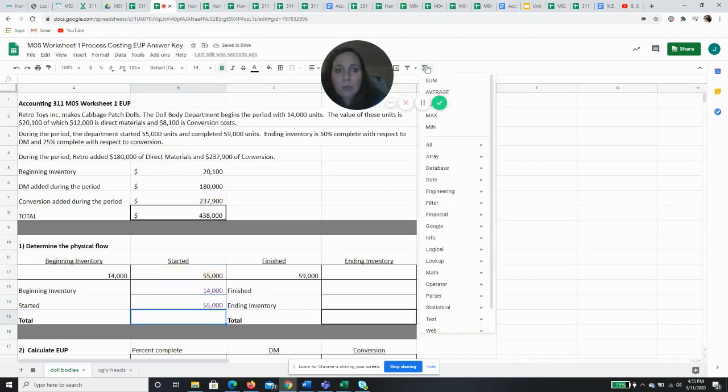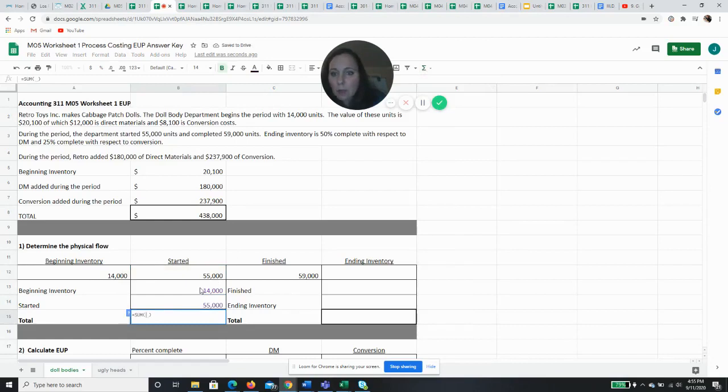And if I add those up, that equals 69,000 units. Okay, we finished 59,000 units, and we know that if beginning plus started equals finished plus ending, then the number we're looking for down here must be 69,000 as well.